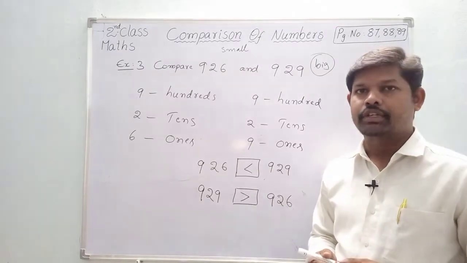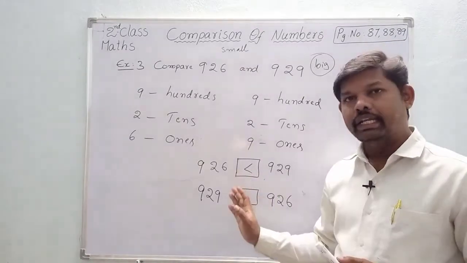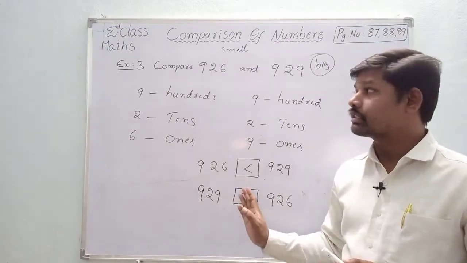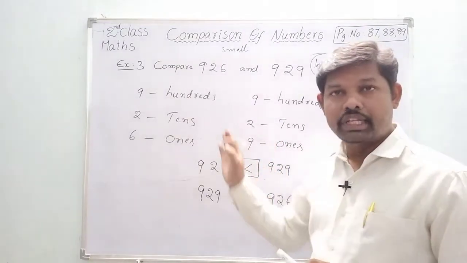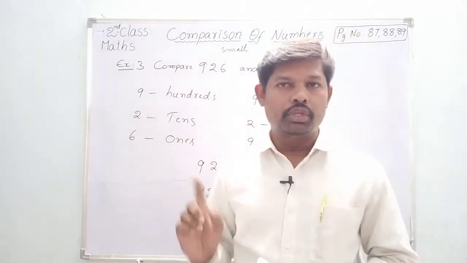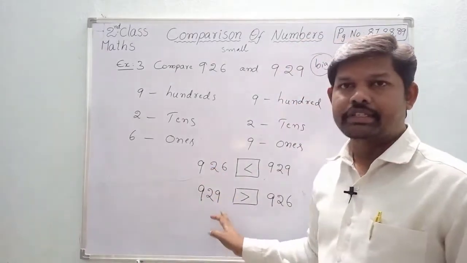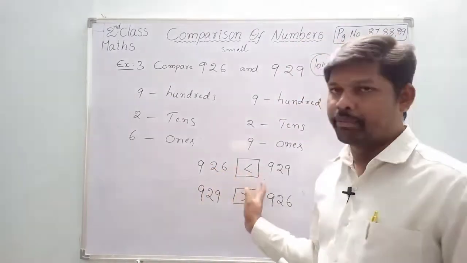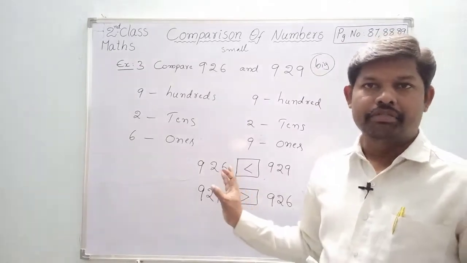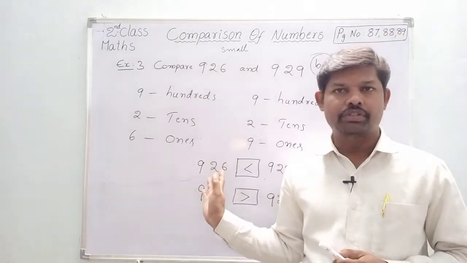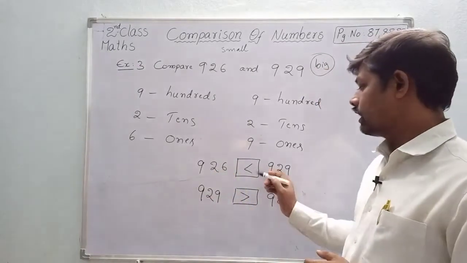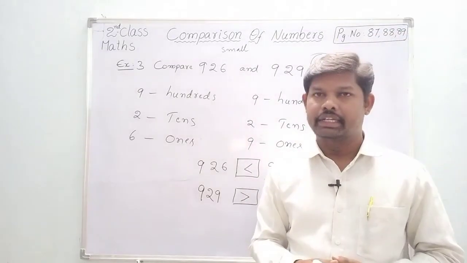Do you understand? So like that, you can compare the numbers. By observing these three examples, if two numbers are given and in the middle a gap is given like a box, you can write less than and greater than simply.